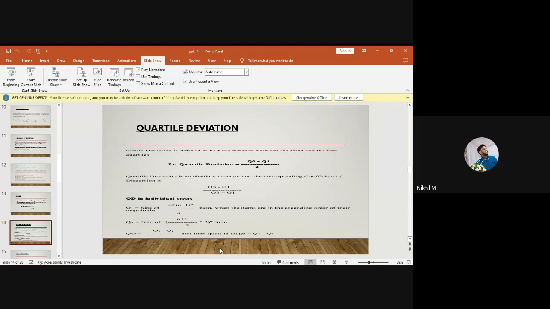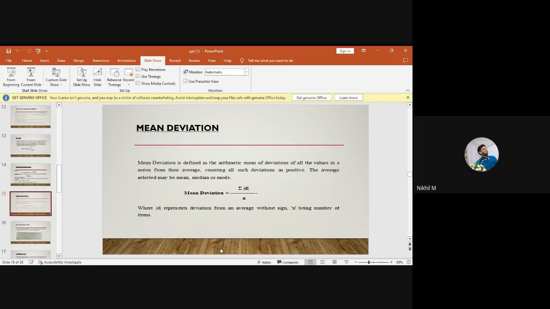So QD is equal to Q3 minus Q1 divided by 2. Q3 is the size of 3 into (n plus 1) divided by 4th item, and Q1 is the size of (n plus 1) divided by 4th item. So you can get the quartile deviation in absolute manner. In relative terms, the coefficient of quartile deviation is equal to Q3 minus Q1 divided by Q3 plus Q1.